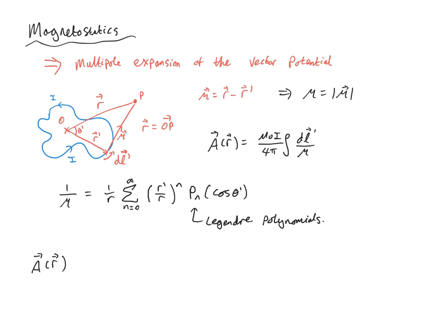So the vector potential evaluated at a field point r is equal to mu naught I over 4 pi times the sum over n, from n equals 0 to infinity, of 1 over r to the n plus 1, and then we have to do an integral of r primed to the power of n times Pn of cos theta primed around the loop, dl primed.